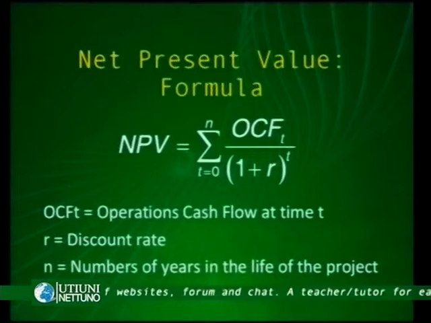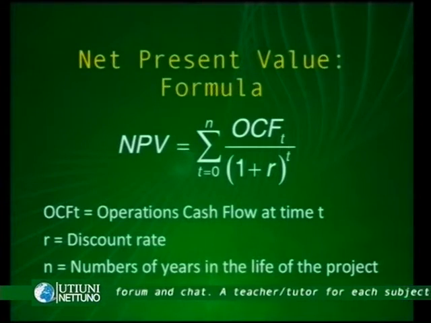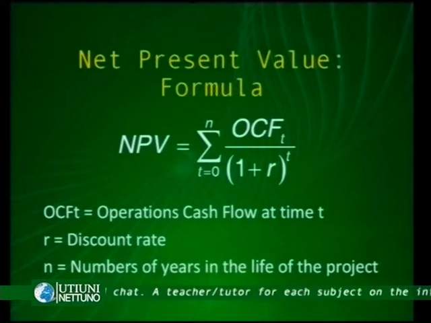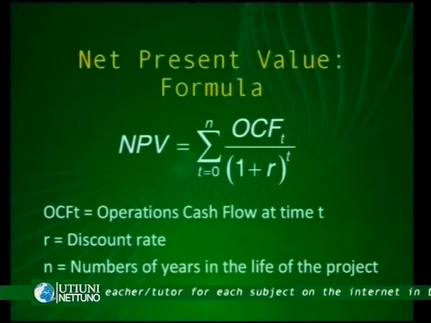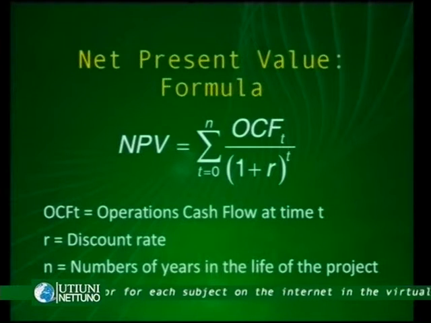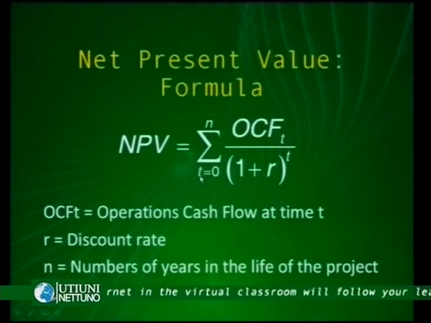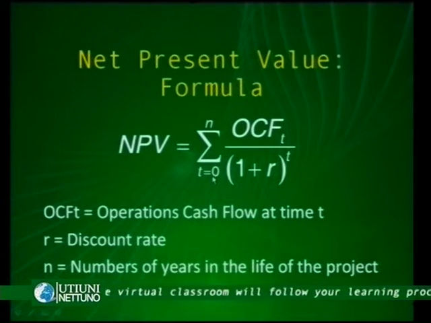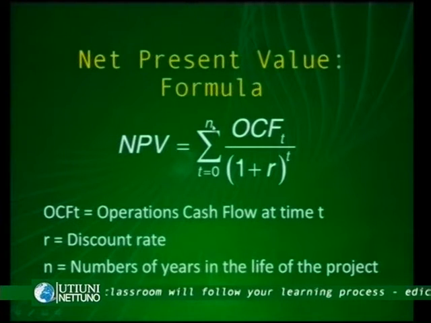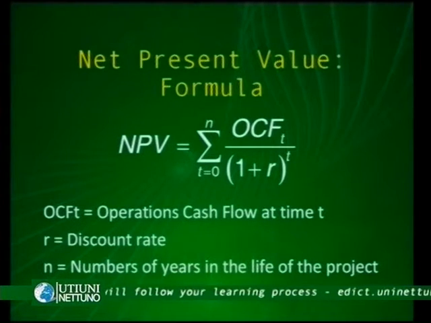This procedure can be formally observed in the slide that is here, where we report the formula for the calculation of net present value. As you can see here, the NPV is calculated as the sum for t going from 0 to n, where 0 is the present moment, the moment of the investment.